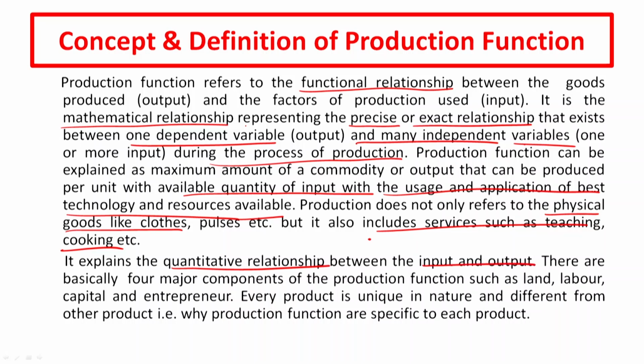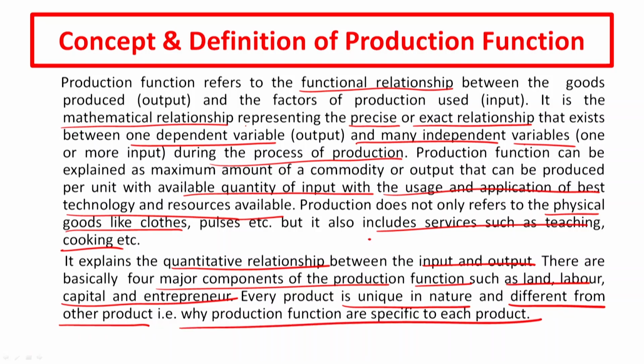There are basically four major components of the production function: land, labor, capital and entrepreneur. Every product is unique in nature and different from other products, and that is why production functions are specific to each product.